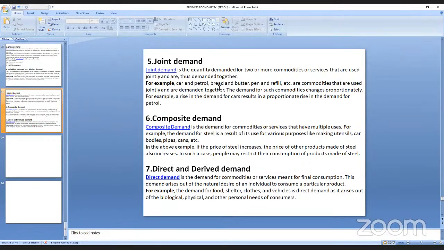These all are your natural desires. Food, clothing, shelter, and vehicle are direct demand, which arises out of the biological, physical, and personal needs of consumers. Means you get consumption and satisfaction directly. Got my point?